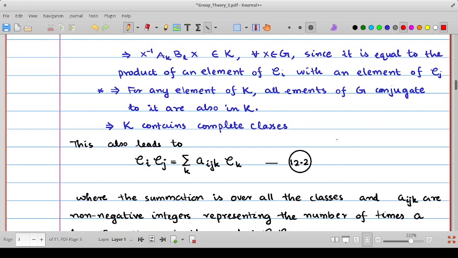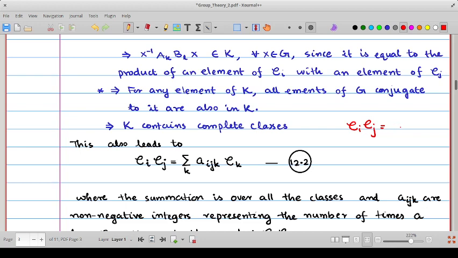Okay. So now we can see that the product Ci Cj contains only complete classes of the group, and therefore this product can be separated into a collection of classes.